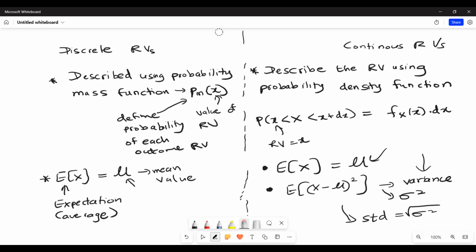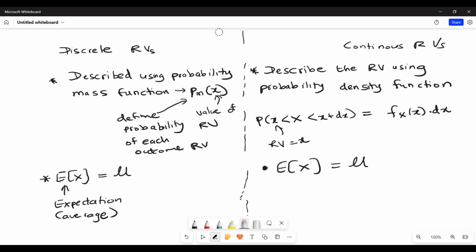Right. So I will again go back to the definition of mean. Mathematically, I will define the mean.